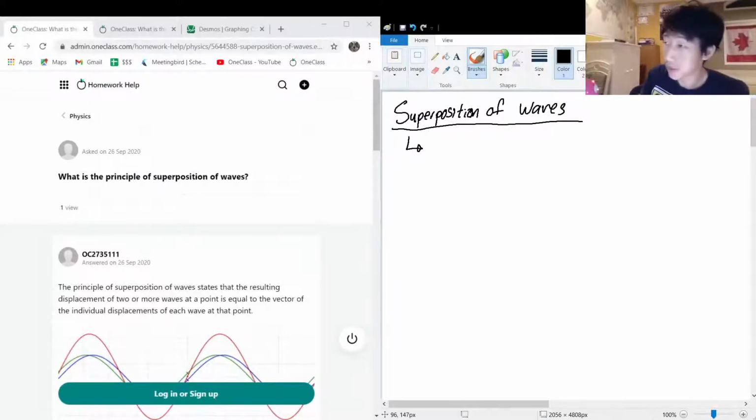When waves intersect, the result is that the individual components added together is what's going to be the final wave.